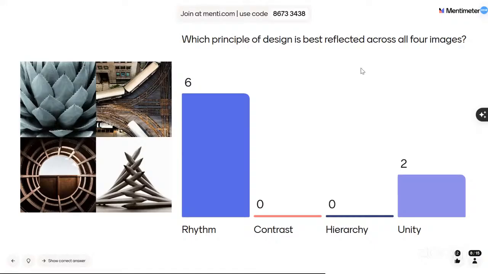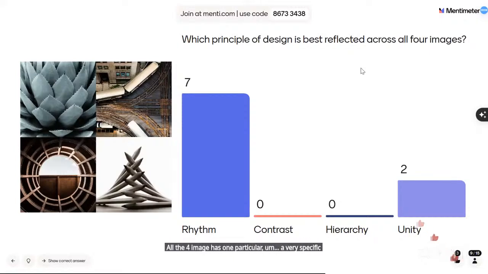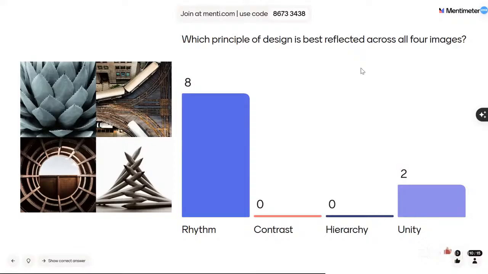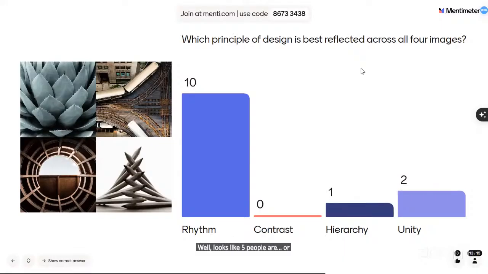All the 4 images have one particular, very specific principle. What is that? Well, looks like only 13 are participating.